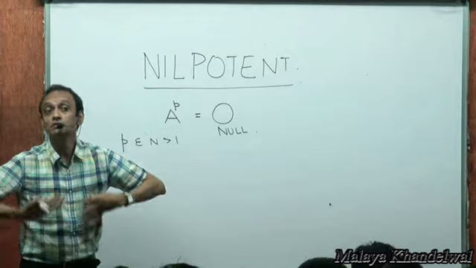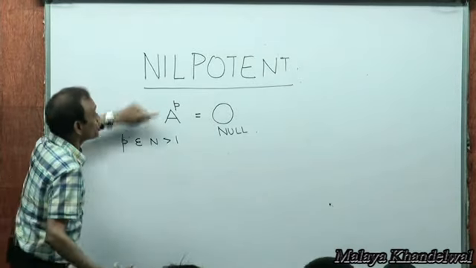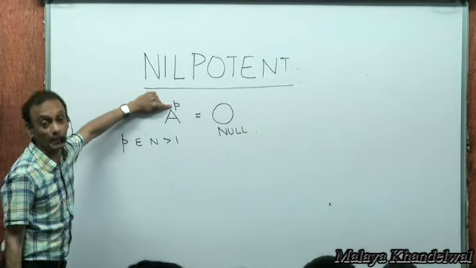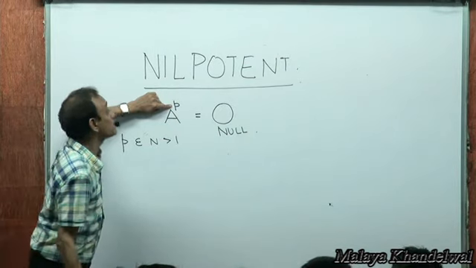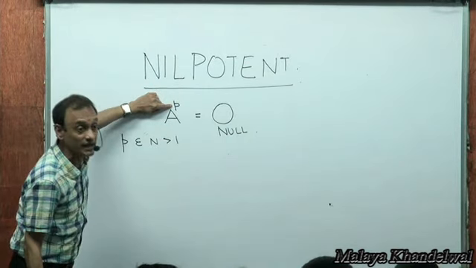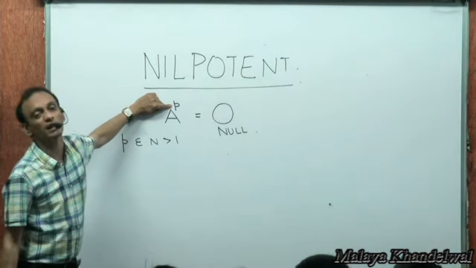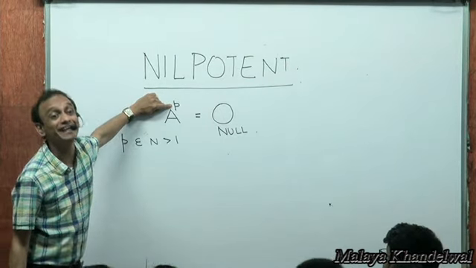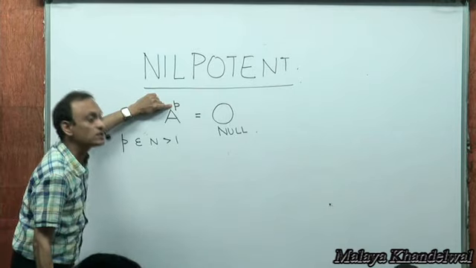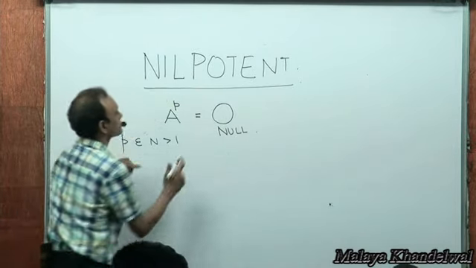And the smallest positive integer p for which this can happen is called the index of the nilpotent matrix.